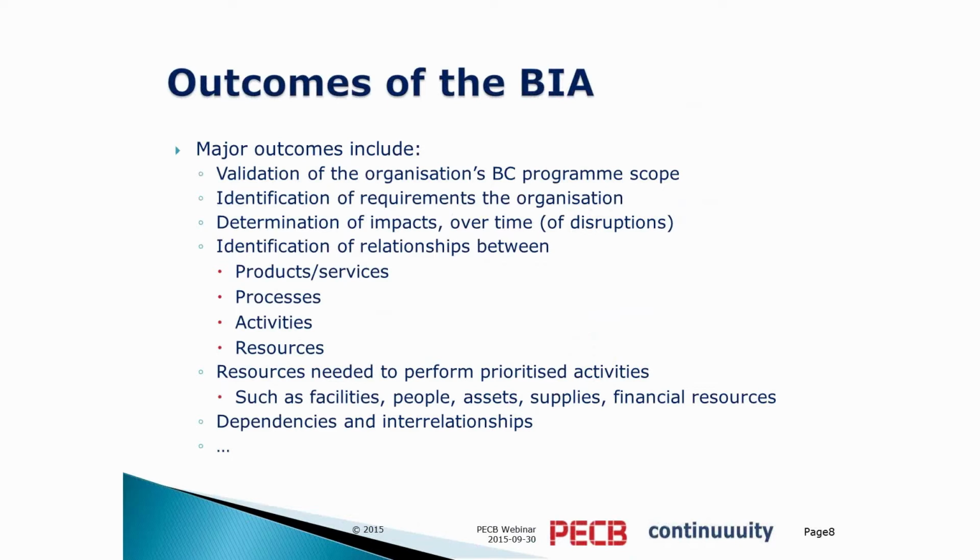So if we go through this analysis, we see that we need a couple of completely different resources, such as facilities, people, assets, supply, and financial resources, of course. And anyone who has already done a BIA will have to acknowledge that one of the most complicated things is the description and detection of dependencies and interrelationships between these players in the BCM lifecycle.